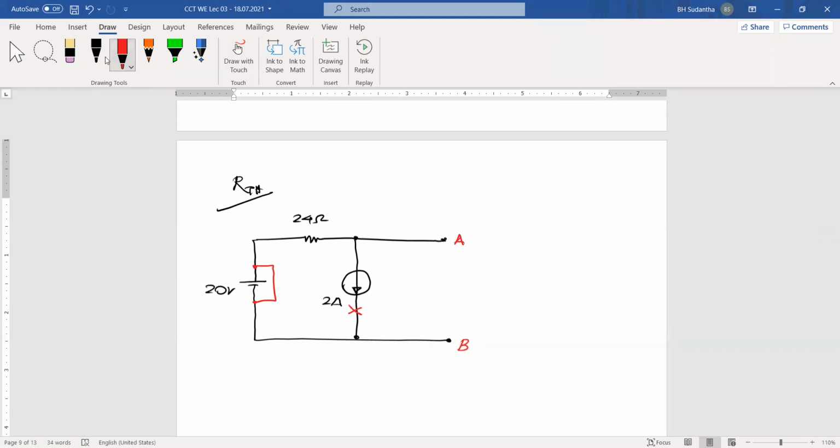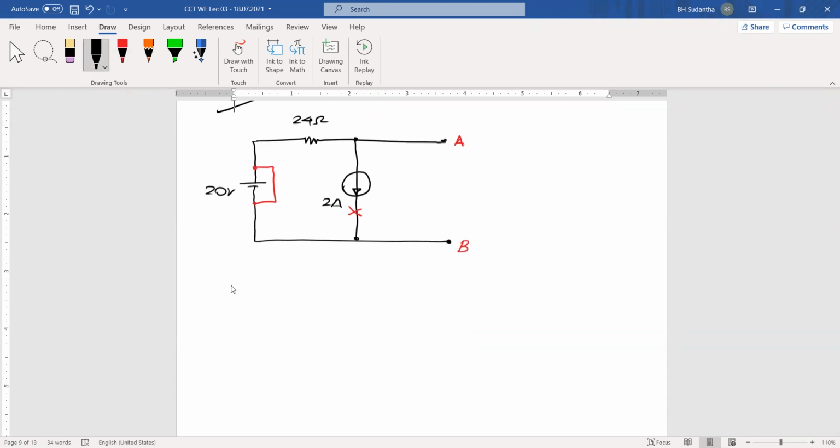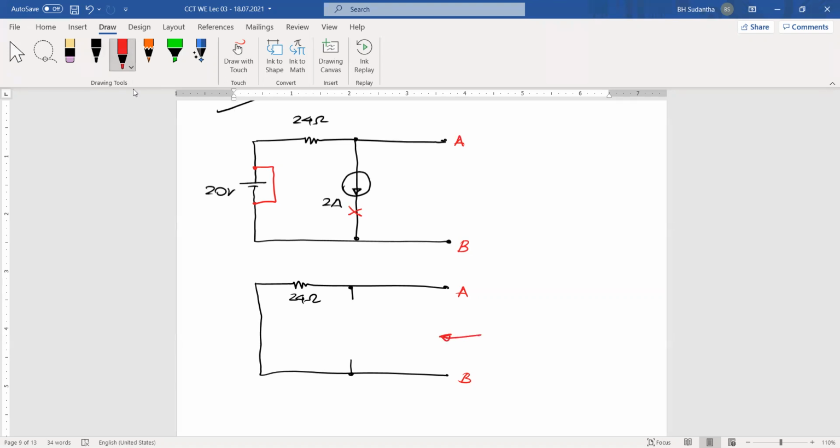As a result, when we short circuit this one, it's a short circuit. And this is node A and this is node B. And here it's a short circuit. And this is the 24 ohm resistor. And from this one it's a short circuit. Then nothing else. Okay. Then by looking at this end, we have to find RTH.